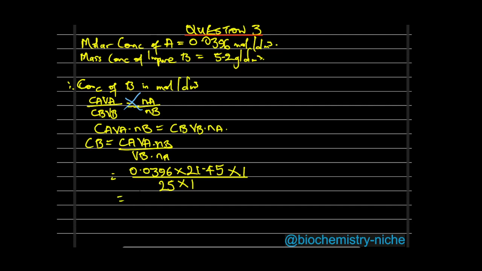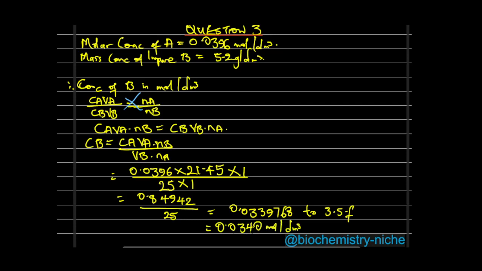So we'll have 0.84942 divided by 25, which gives us 0.0339768. To 3 significant figures, that becomes 0.0340 moles per dm cube. That is the concentration of B in moles per dm cube.